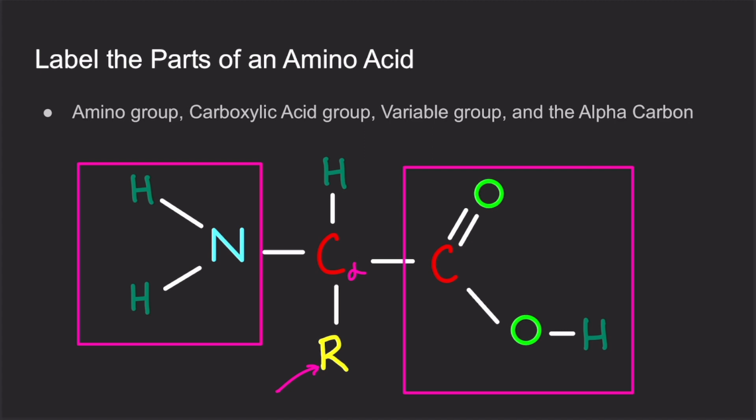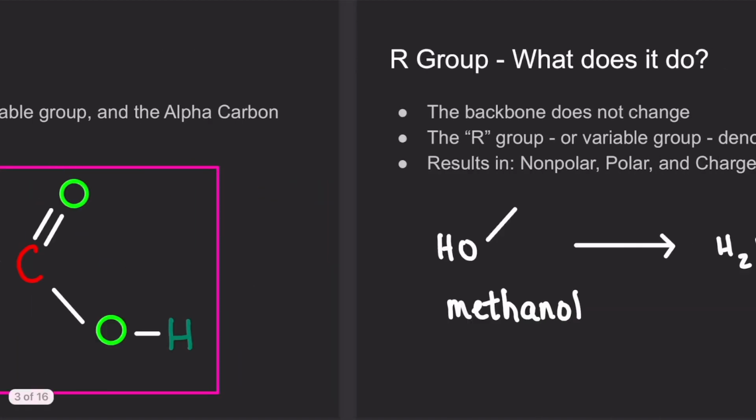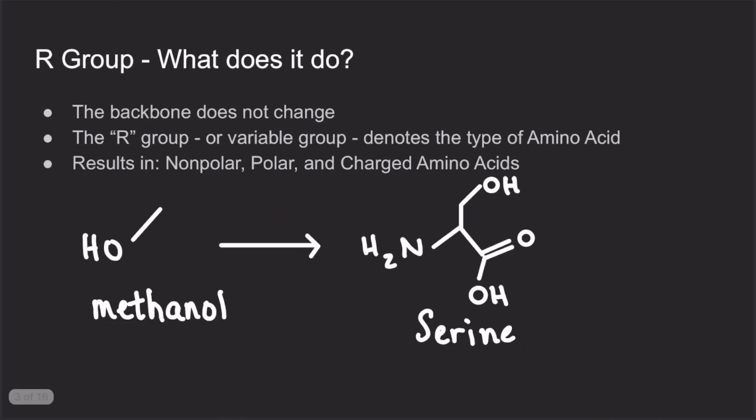There's a bunch of amino acids out there. So how do we define what each amino acid is? And, well, that's based off of the R group. So a very specific R group will lead to a very specific amino acid. Okay, and you can get non-polar amino acids, polar amino acids, or charged amino acids, both positive and negative, based off of the R group, okay?